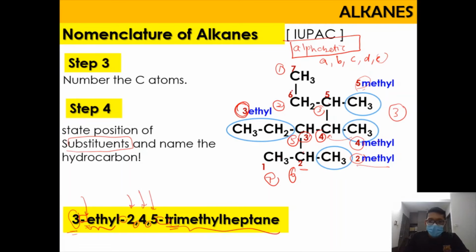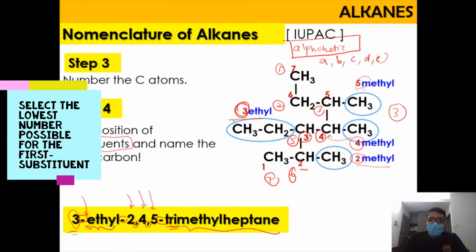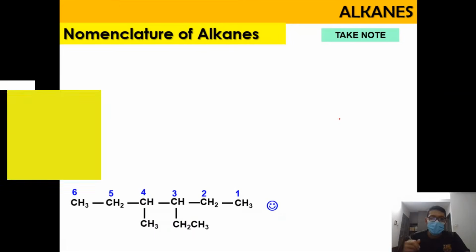So just now using my way, number 3 ethyl, right? But if you write 1, 2, 3, 4, 5, it's going to be 5 ethyl, which is higher. For naming, we need to get the lowest number possible. All right. To understand more about this, let us look into the next slide.